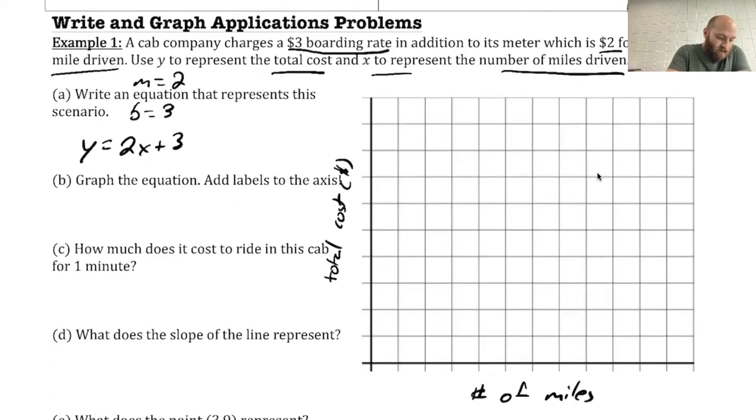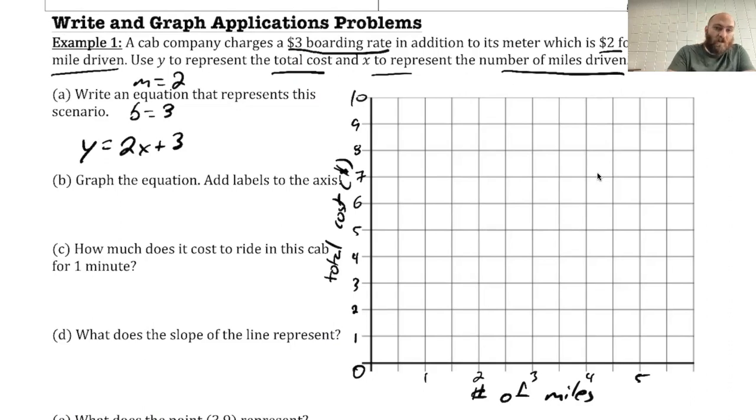Let's put 0, 0 here, and I'll just go 1, 2, 3, 4, 5 up to 10. It doesn't have to be perfect. We'll get a pattern off of this. That's the only important part.